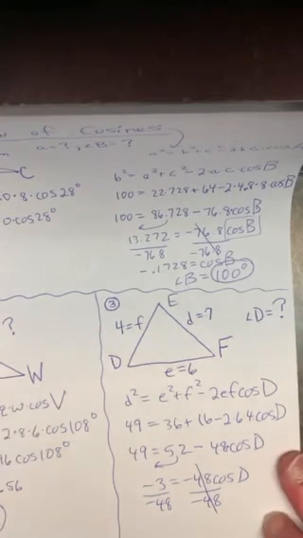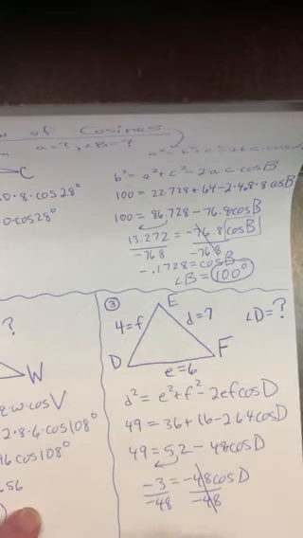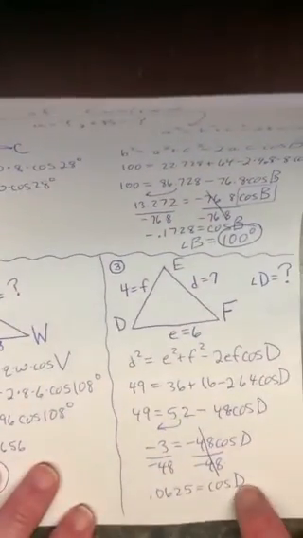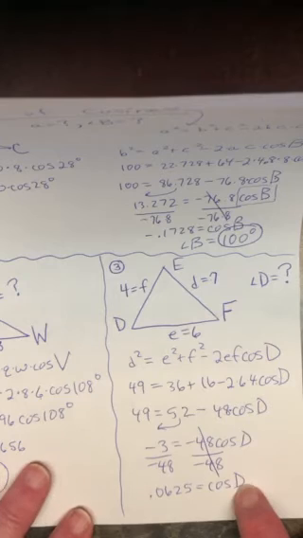Now, on my calculator, if I type in negative 3 divided by negative 48, I'm getting 0.0625 equals cosine D. Remember, that's not your answer. To get angle D now, since we're looking for a missing angle, we've got to hit inverse cosine and then that decimal.